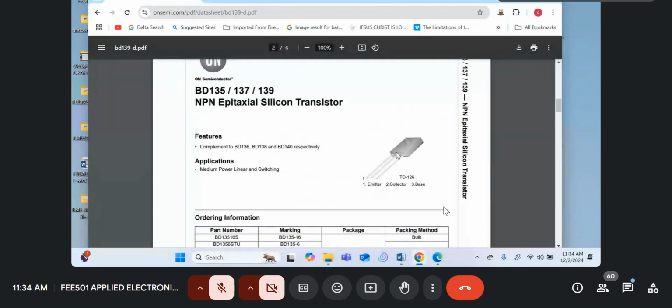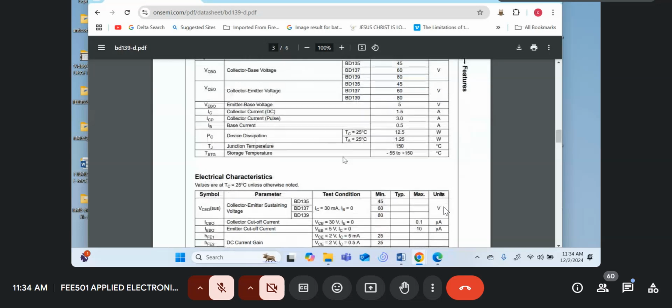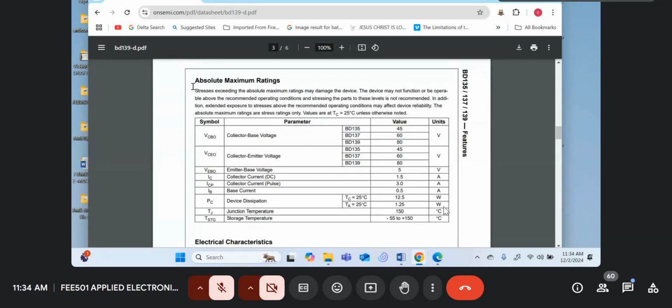So the packaging is like this. It's called TO126 packaging. So you can also put it on a heatsink. One side is metal. They give you the maximum absolute rating for this one, the maximum voltage you can put across them. If it's 139, you can put 80 volts.